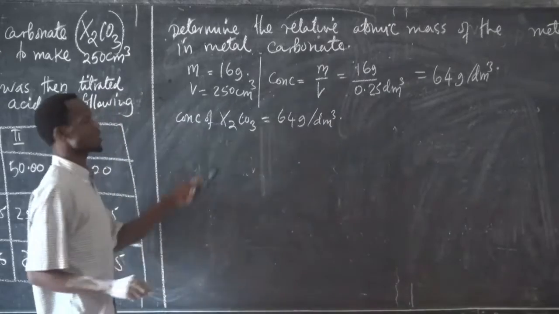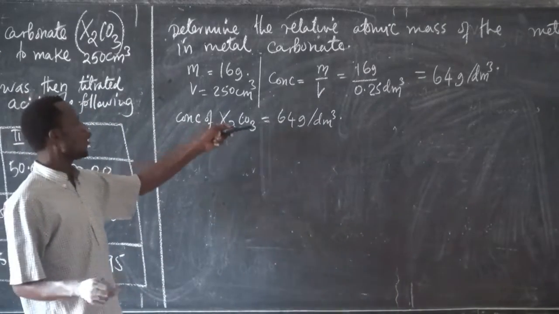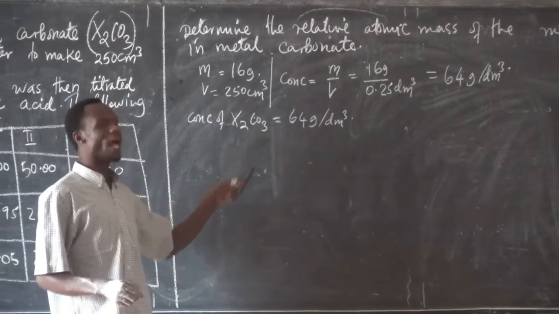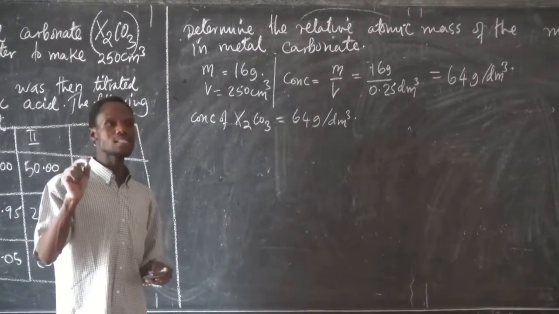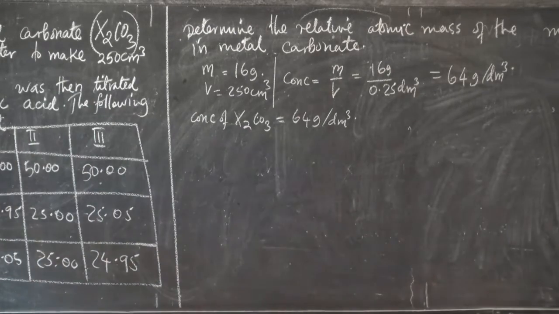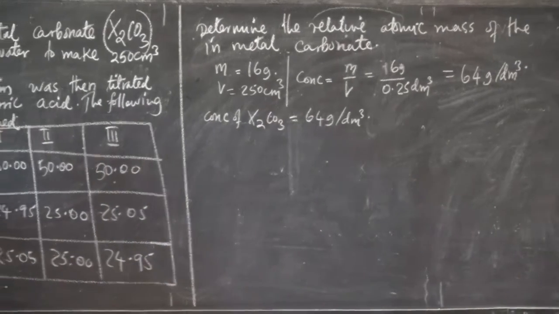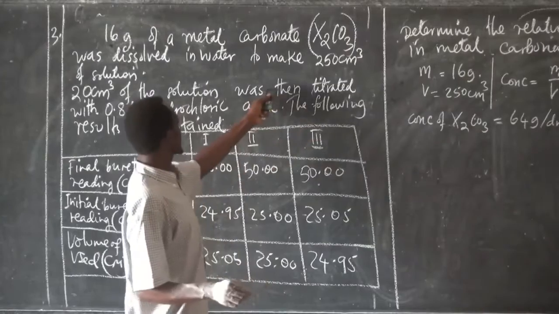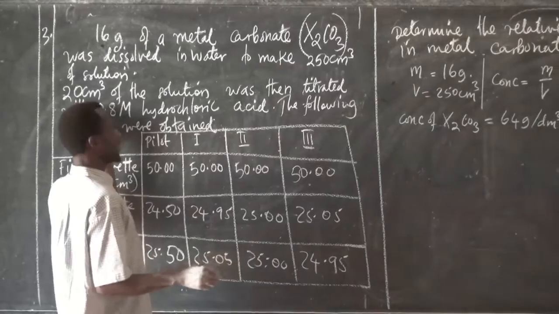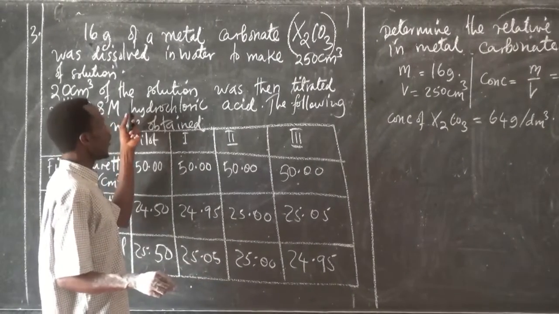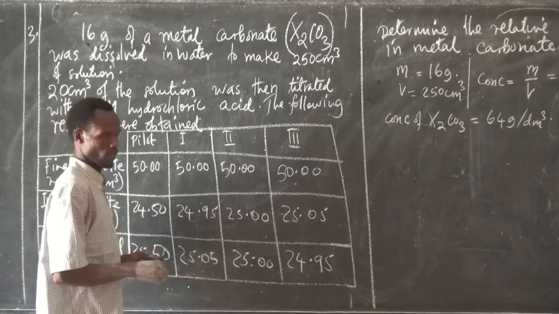Using this concentration, we can determine the molar mass. But we don't have the molarity, so it is our task to find it. Remember, 20 centimeter cubic of the solution of this concentration was titrated against 0.80 molar hydrochloric acid.